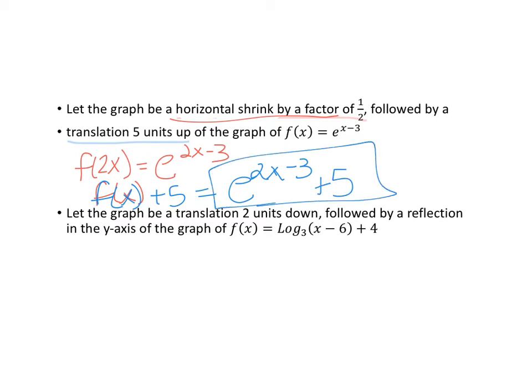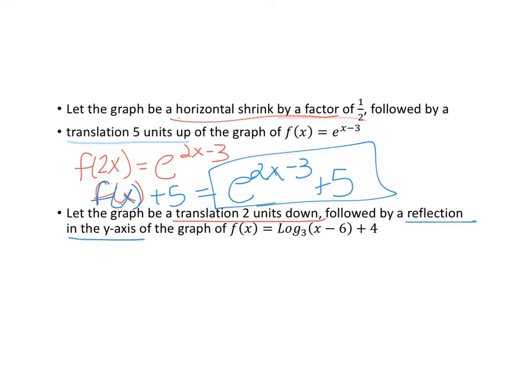And this one, let the graph be a translation 2 units down, followed by a reflection in the y-axis of the graph f of x equals log base 3 of x minus 6 plus 4. So let's see what's first: translation 2 units down, followed by a reflection in the y-axis.